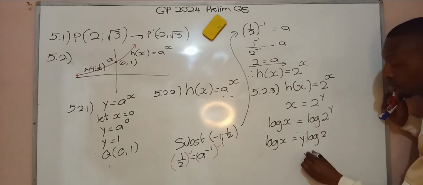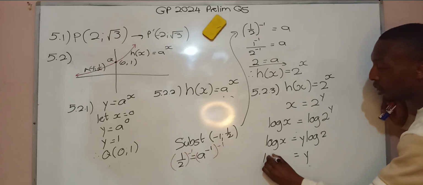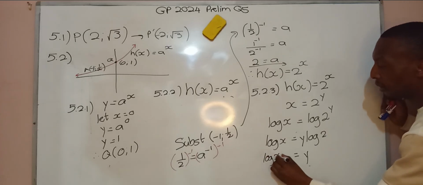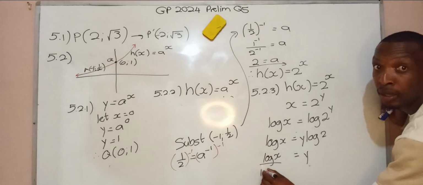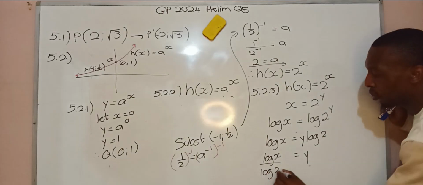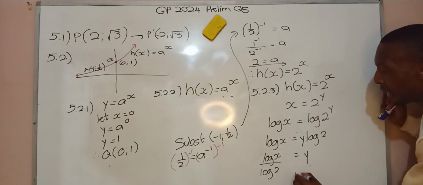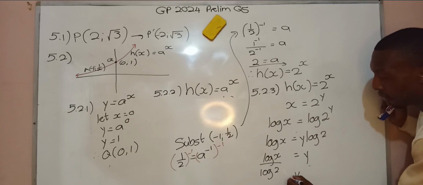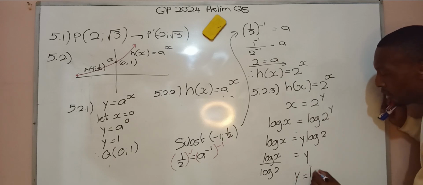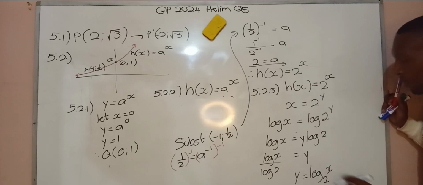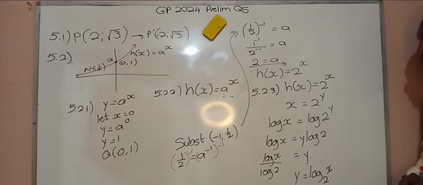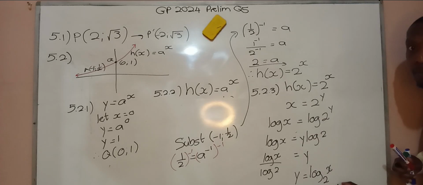So y is equal to log x over log 2. And this can simply be written as y is equal to log base 2 of x. And that is the answer to 5.2.3.